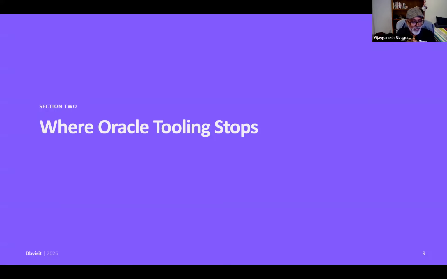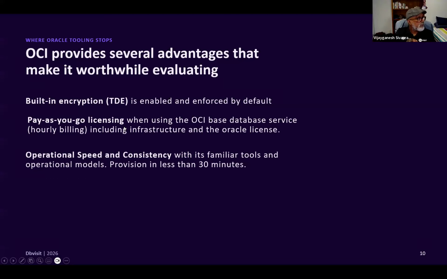And yeah, it is indeed a major advantage with hybrid cloud, having your workloads on-premise and then having your DR in an out-of-region cloud environment is always beneficial as well. So when it comes to OCI, it provides several advantages.